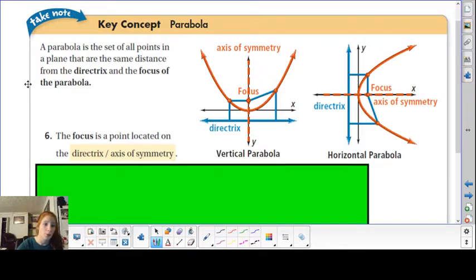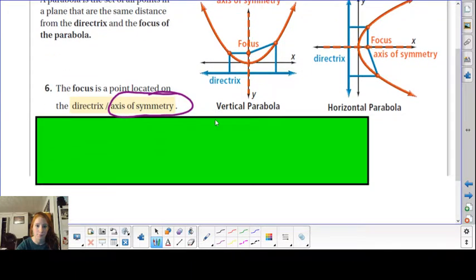So the focus is a point located on the axis of symmetry. My directrix will intersect my axis of symmetry, just like my parabola intersects my axis of symmetry.